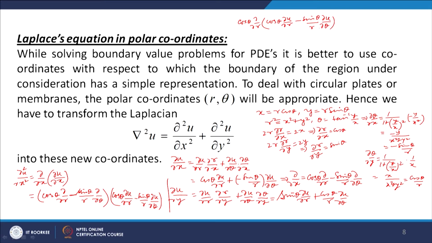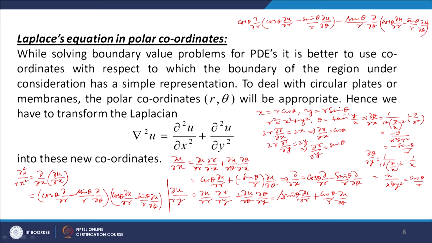So, cos θ ∂/∂r is applied to this, then we apply minus sin θ over r ∂/∂θ to this expression cos θ ∂u/∂r minus sin θ over r ∂u/∂θ.